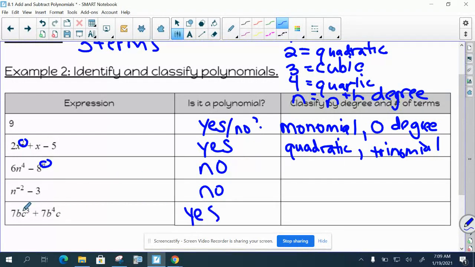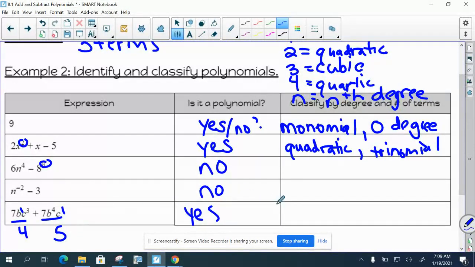So let's look at the degree. This term has a degree of 4 because you've got 1 and 3, but this term has a degree of 5 because you have 4 and 1. So that means that the degree is going to be based off of the term with the highest degree, which would be 5.